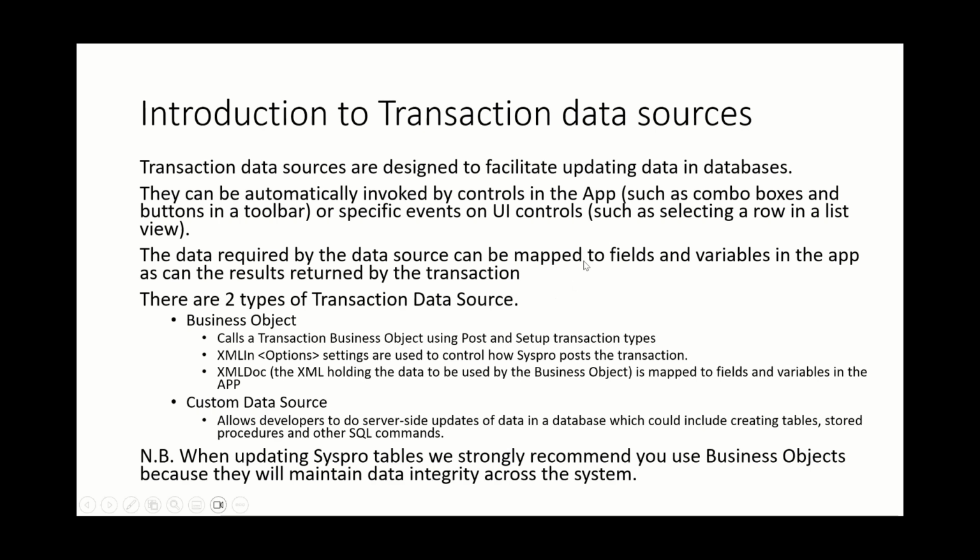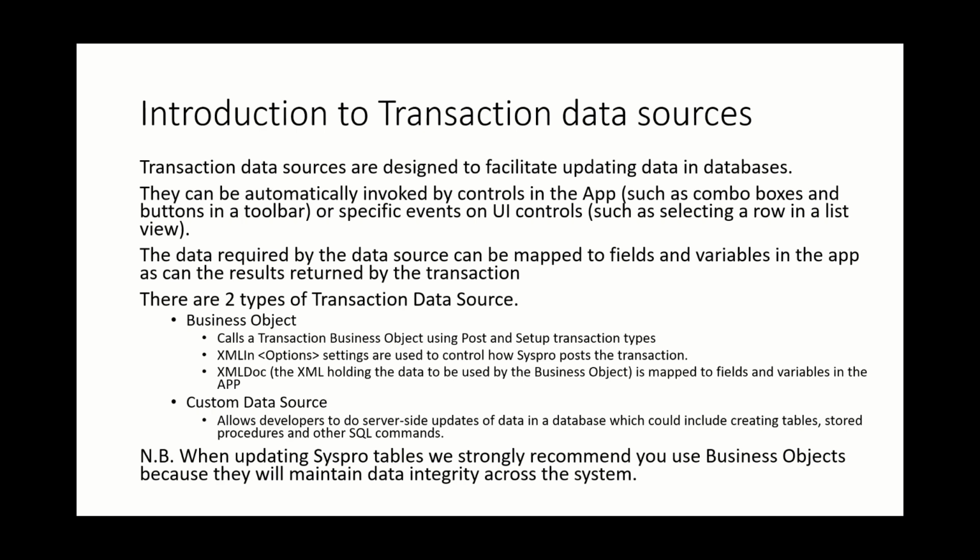So there are two types of transaction data source: the business objects. And those of you who've done customizations and custom panes and things already will know about these. So the transaction business object has a post and a setup transaction type, and the transaction data sources can handle both.